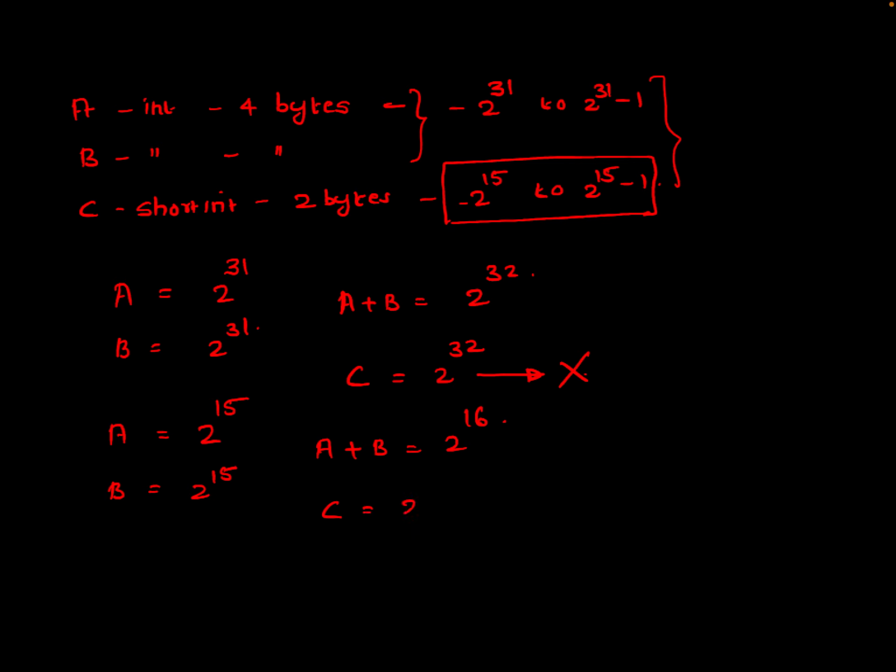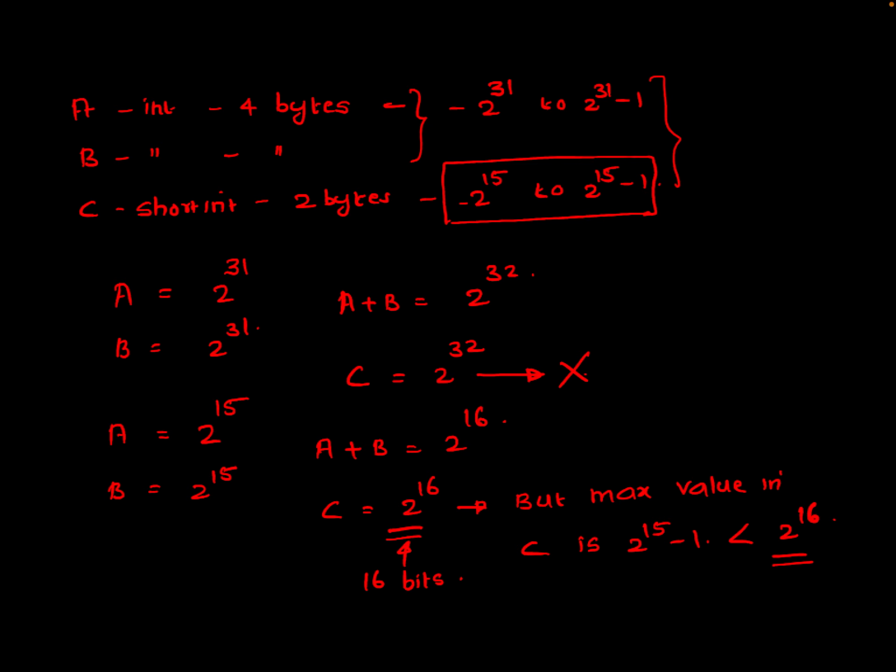So C is equal to 2 raised to 16, but the maximum value in C is 2 raised to 15 minus 1, okay, which is less than 2 raised to 16. So 2 raised to 16 cannot be stored inside C. What it does is truncate the rest of the bits.